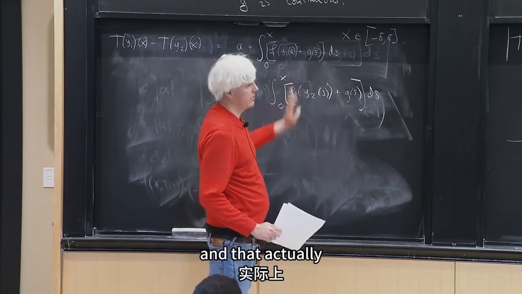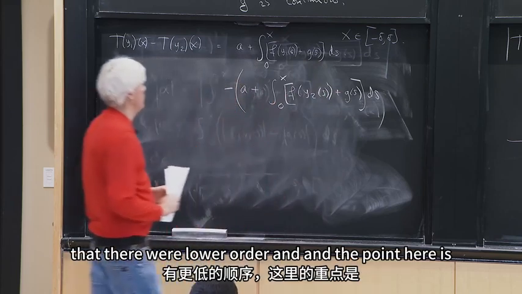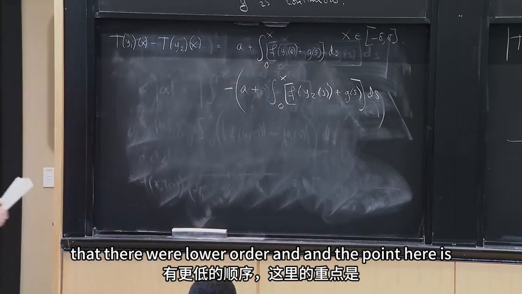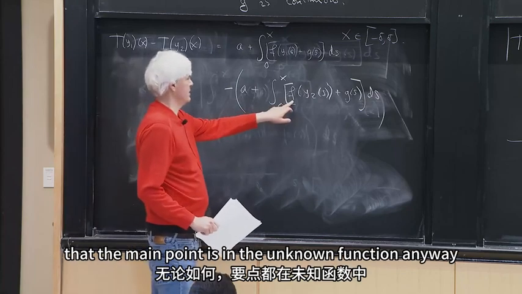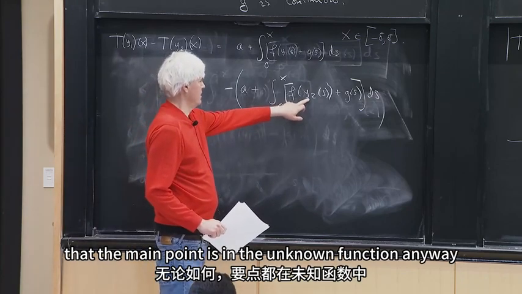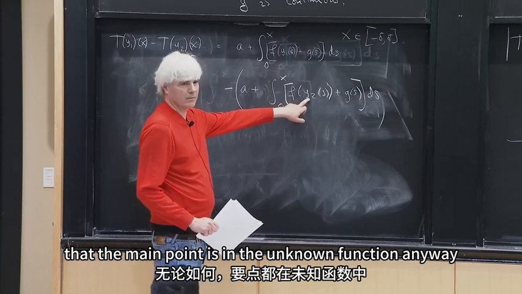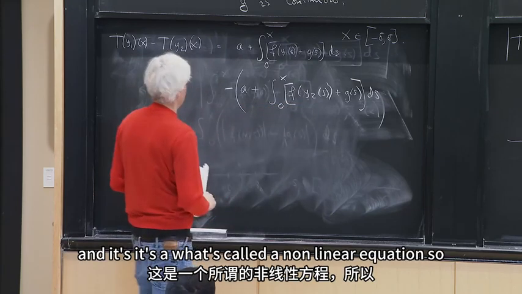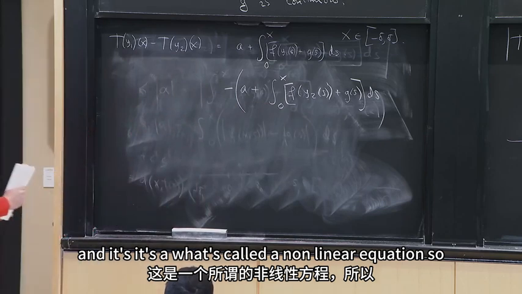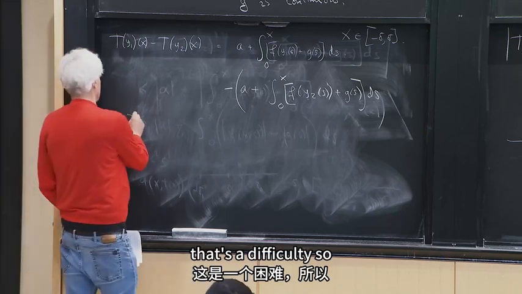There was a good reason that they were lower order. The main point is that the unknown function is inside f, and it's what's called a nonlinear equation. So that's a difficulty.